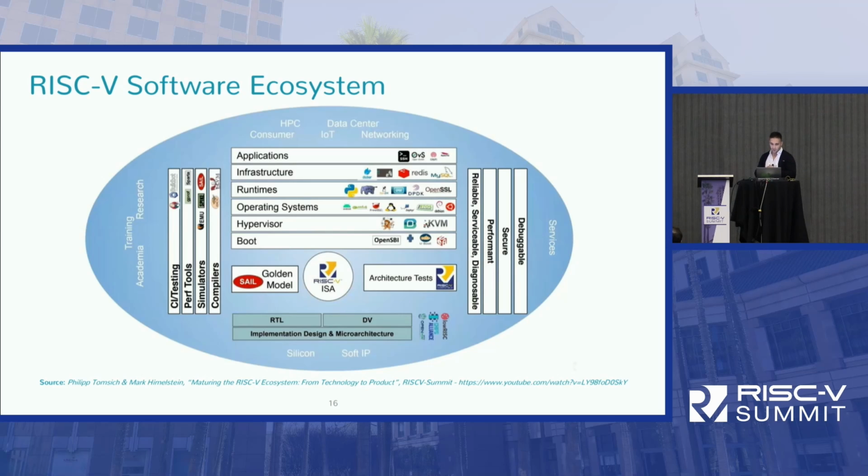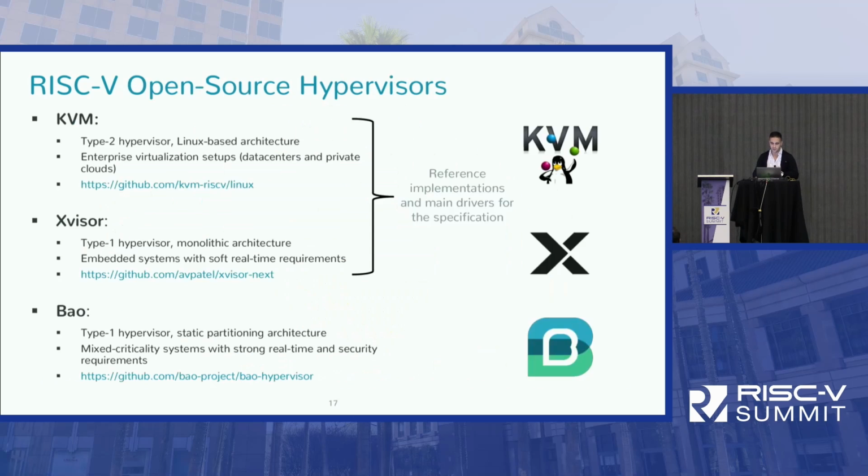I think you can see in the middle one rectangle that says hypervisor, and you pretty much see 3 logos. And these 3 logos correspond to these 3 hypervisors. So as of today, those are the 3 main hypervisors that have full support for the RISC-V hypervisor extension.